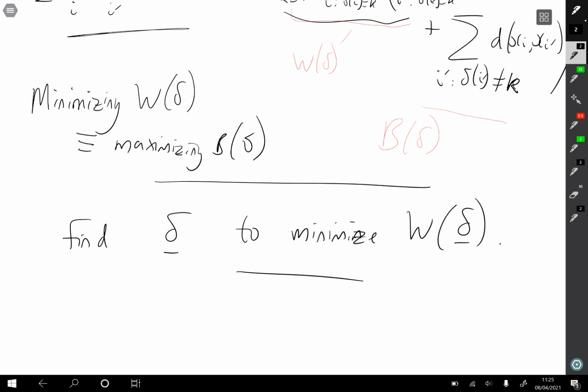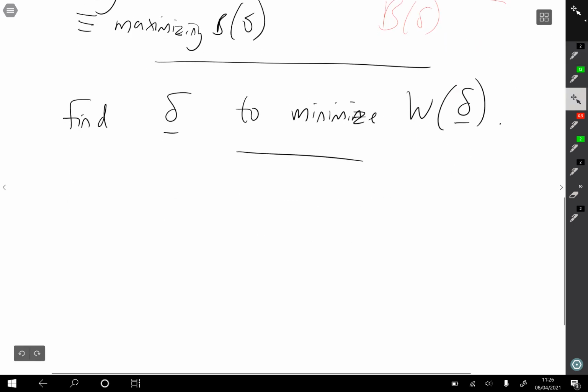Even with 100 data points and 10 clusters, that is far too many combinations to search through them all and evaluate w for each possible allocation. So instead, we tend to take a greedy iterative approach.